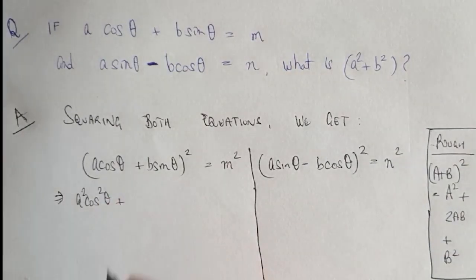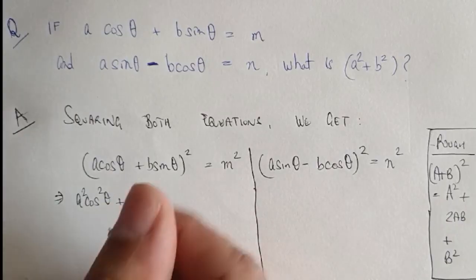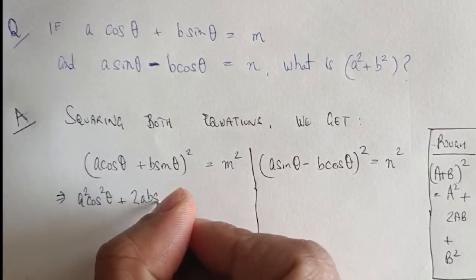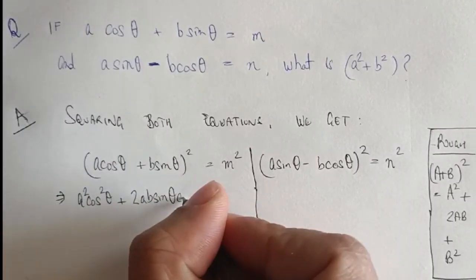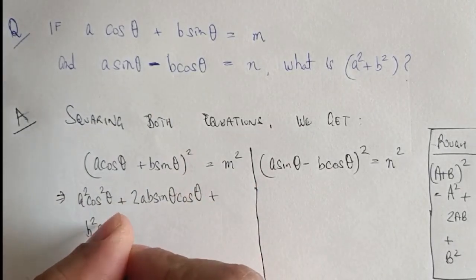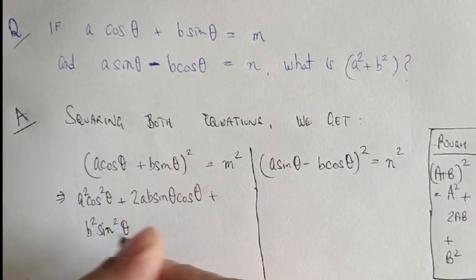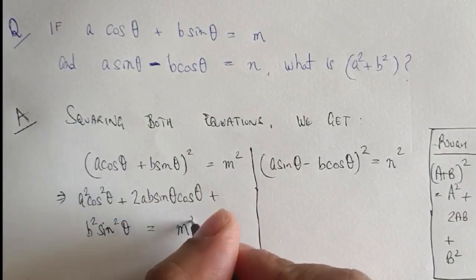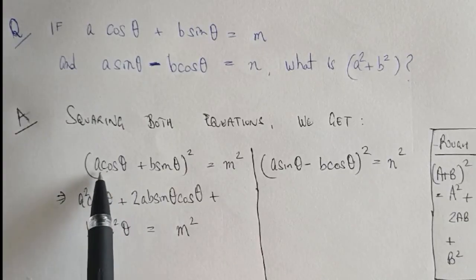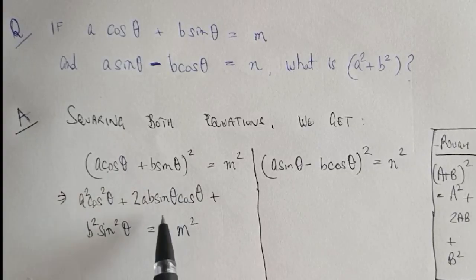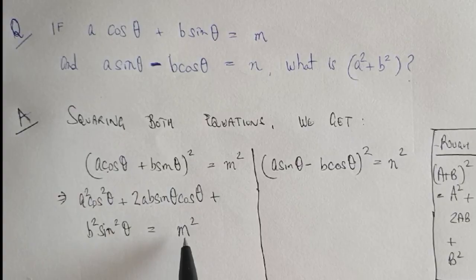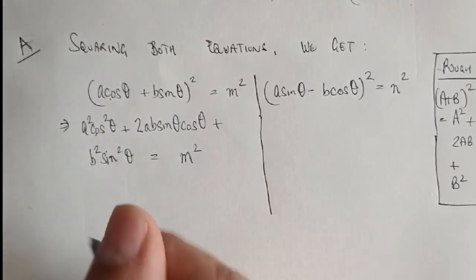Okay, so employing that, a squared cos squared theta plus 2ab sin theta cos theta plus b squared sin squared theta is equal to m squared. Is this correct? It is. A squared cos squared theta plus 2 into a cos theta b sin theta. So that's 2ab sin theta cos theta plus b squared sin squared theta is equal to m squared, right?